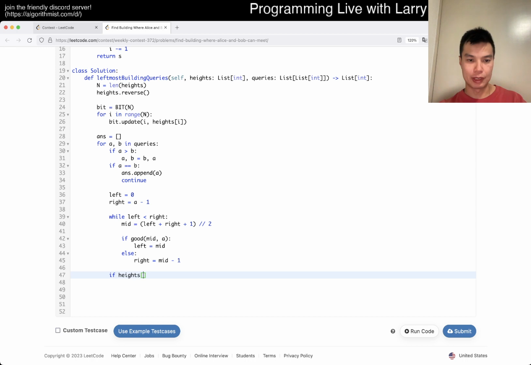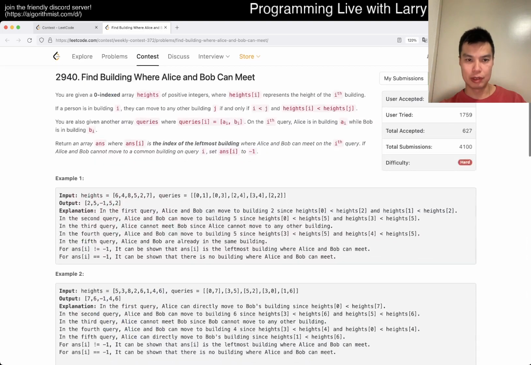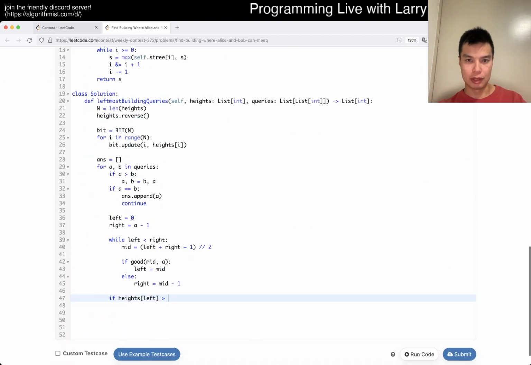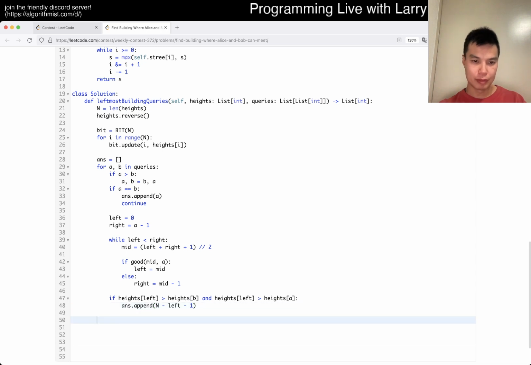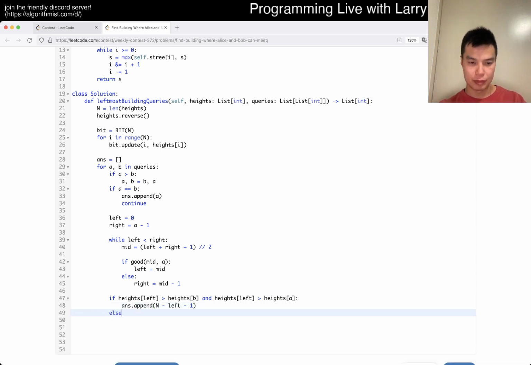If height of left is greater than or equal to, no, it has to be strictly greater than height of A and height of B, well, technically height of B is fine, oh wait, no, we didn't do it that way. And this is like n minus 1 or something because we reversed it. And I think we can actually just do this really quickly.